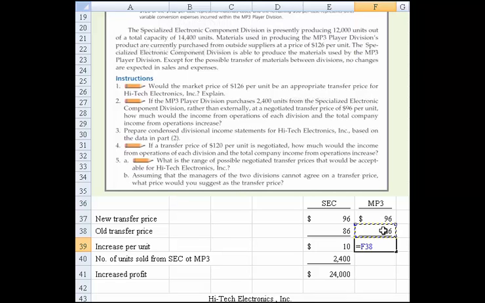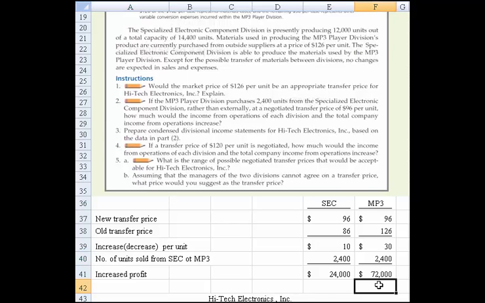We have a savings, so I'll show that as a positive number, of $30. And if they purchase 2,400 units, we wind up with a savings of $30 per unit times 2,400. Now in this case I want to relabel this as an increase per unit for SEC, but it's also a decrease per unit for the buying company, MP3. So we've got a $72,000 improvement if we change the transfer pricing to the $96 amount.